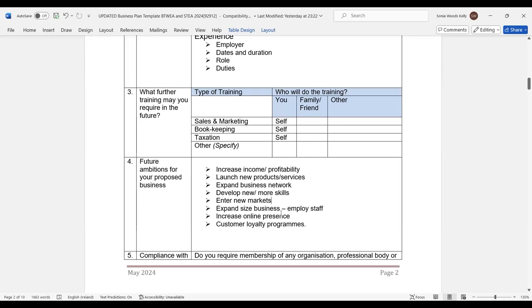Expand the size of your business, like increase it by employing staff. Increase your online presence, or introduce a customer loyalty program, or any other valid point or ambition you may have for your future business, you can include here.